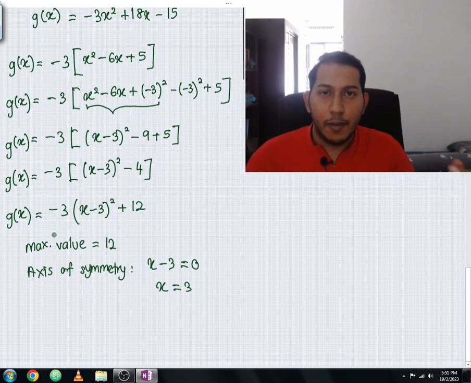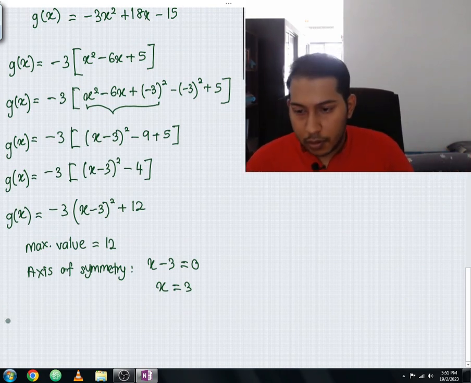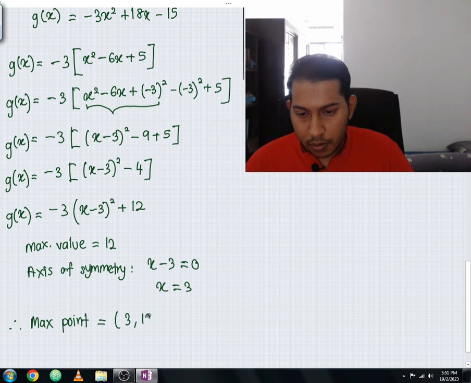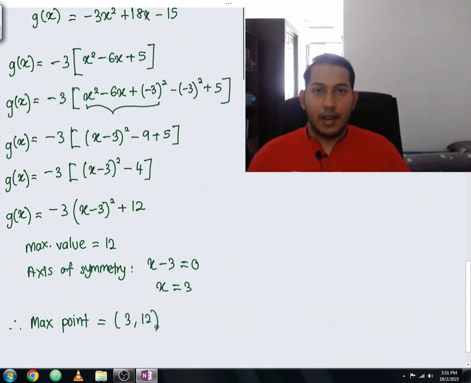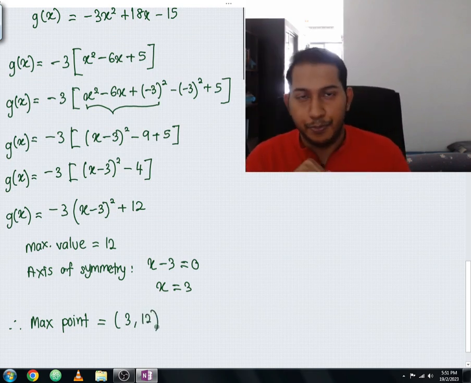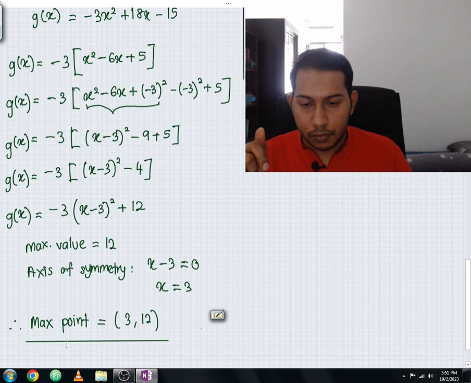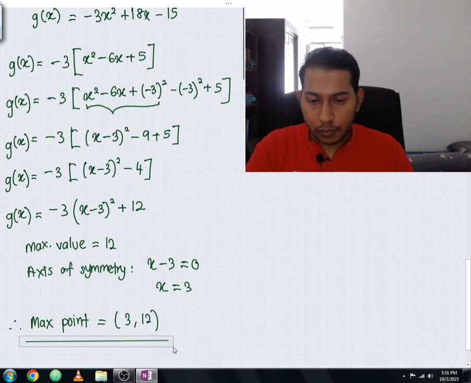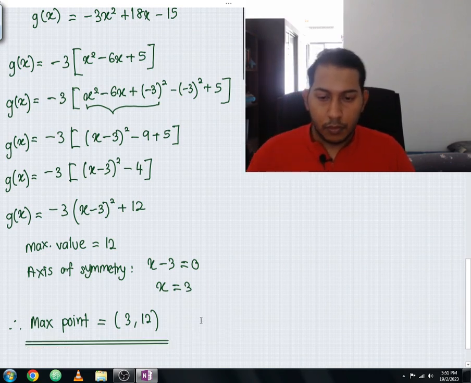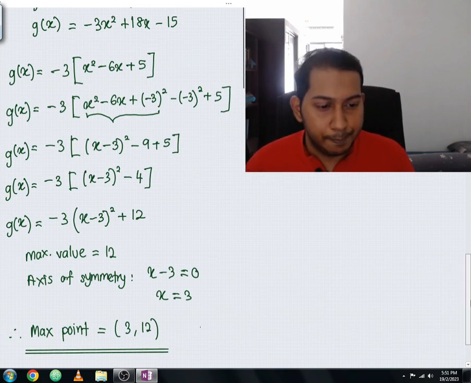Hence, the maximum point in this case will be (3, 12). So this is your answer for question B part 2. Let me underline the solution for question B part 2. Let me scroll the question up.